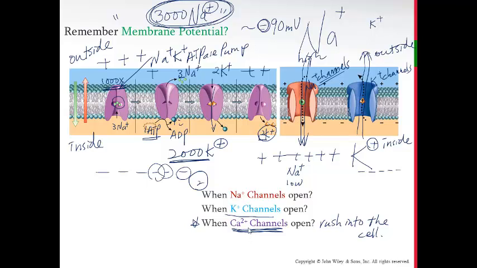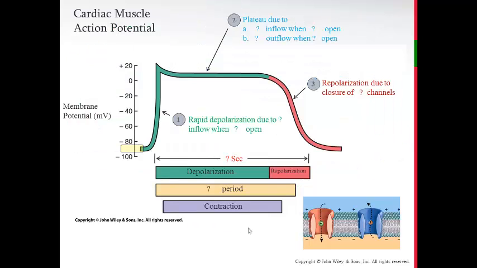So with this as a review, let's take a look at your cardiac muscle action potential. So action potential is very important. This is how a cell sets up a signal for the following cells to undergo contraction, for instance. So on this side, you will see membrane potentials measured in millivolts, starting from negative values all the way up to positive values.